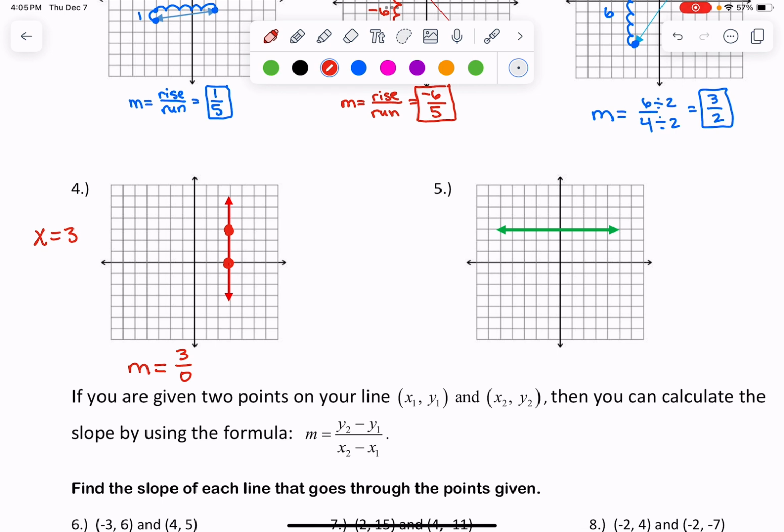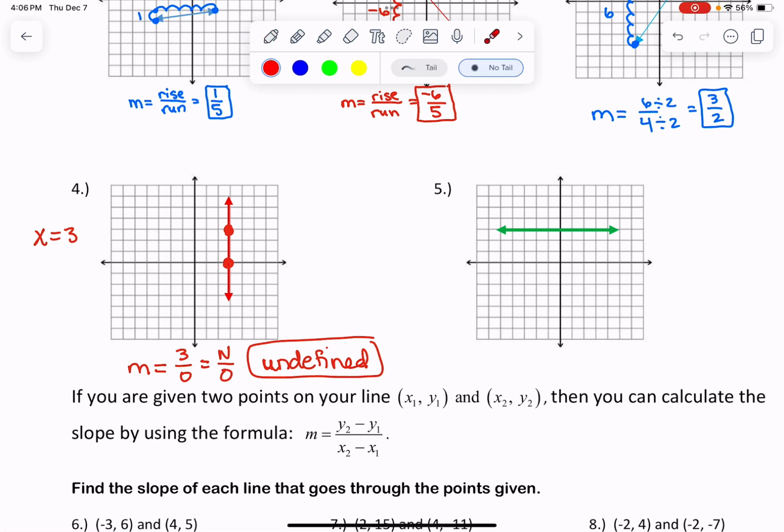That is because it's undefined. You can't divide by 0. An easy way to remember this is to put NO: no for a 0 in the denominator. My slope is undefined.